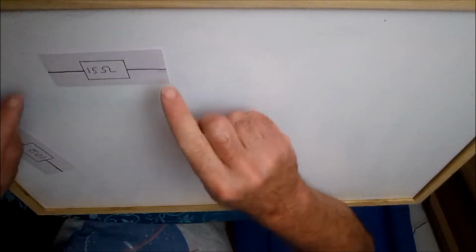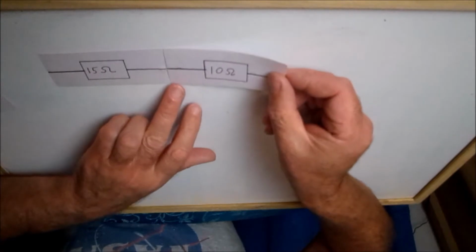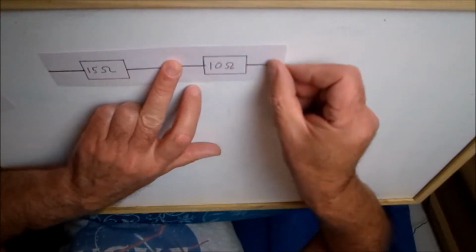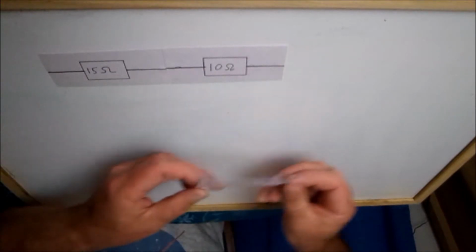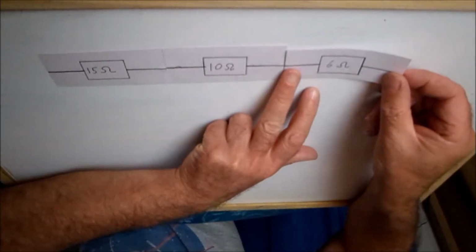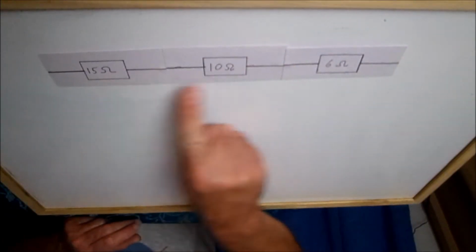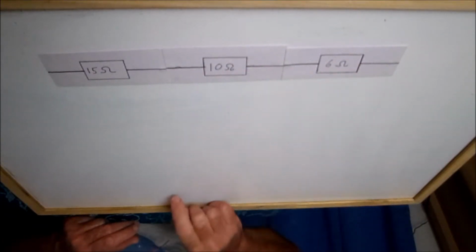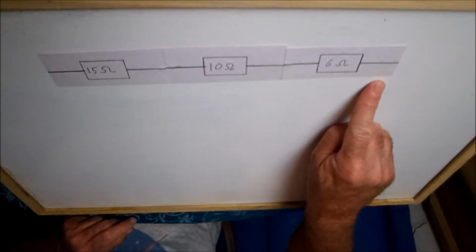So what I've done, I've got 3 resistors drawn on some paper, and first of all, if we connect these into a series configuration, we've got 15 ohms, 10 ohms and 6 ohms. And what we want to do is work out the total resistance of this circuit.